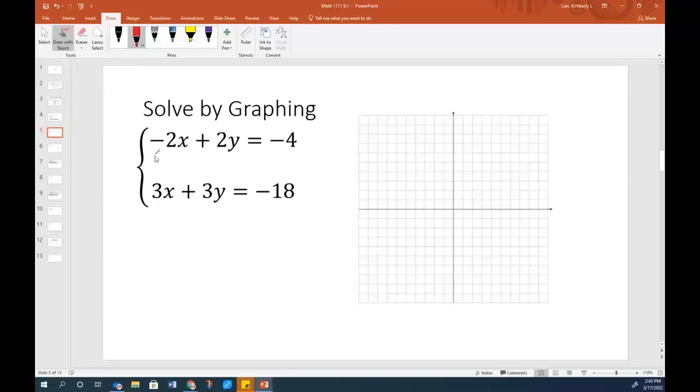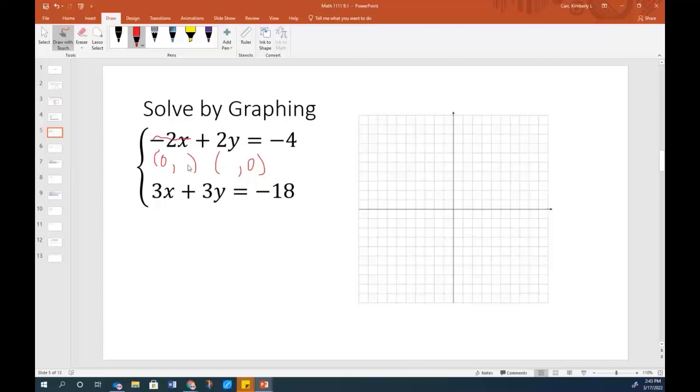So if I'm going to use intercepts, what I'm going to do is let x equal 0, and then I'm going to let y equal 0, and just think about covering these up. So if I plug in a 0 for x, this term goes away, and I'm just left to solve 2y equals -4.